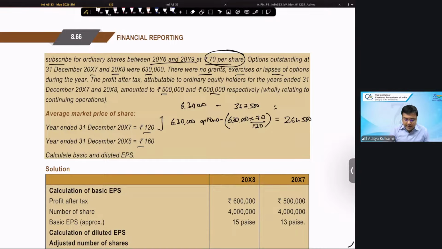See, understand, when I look at diluted EPS, I am counting those instruments against which money will not come in the future. In the case of convertible debentures and convertible preference shares, will you get money at the time of conversion? No, sir. Clear about that, everyone? You have received the consideration upfront when you subscribed to the convertible debentures or convertible preference shares.